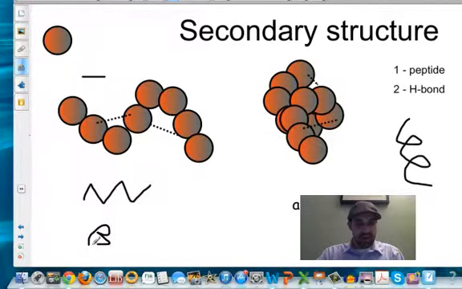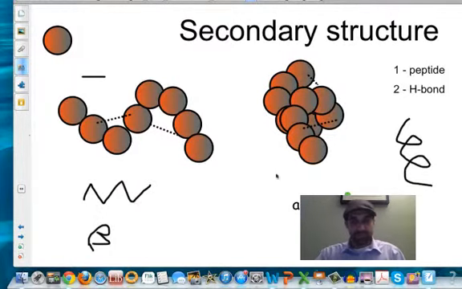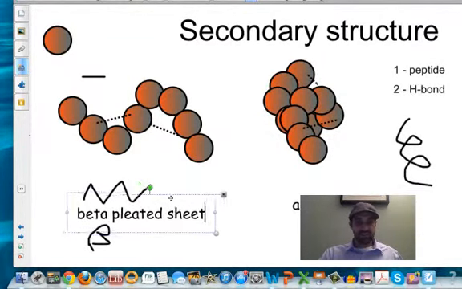I'm not on the smart board, so you can see my issues with attempting to use Greek letters. I'm sitting in my apartment. Alpha helix, and the other one is known as the beta pleated sheet. I'm sure that you guys are very capable of reading about this, but this is to show you the basics. Beta pleated sheet. Okay, so there's your secondary structures.